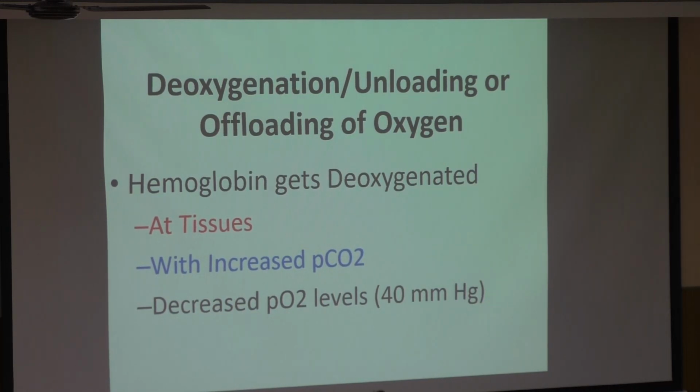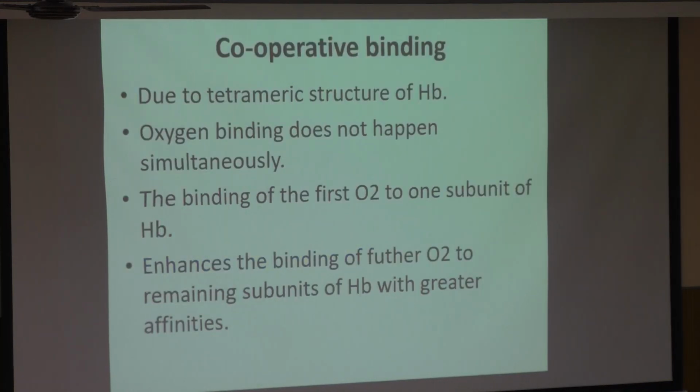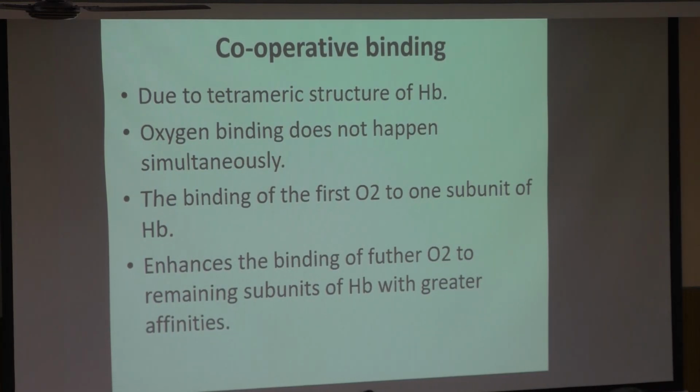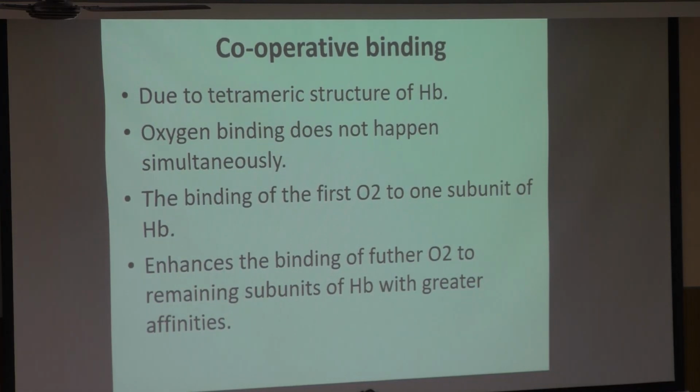Second, unloading should be done at the peripheral tissue where the partial pressure of carbon dioxide is more and the partial pressure of oxygen is less, about 40 millimeters of mercury. And that is called cooperative binding, the positive allosteric modulator.